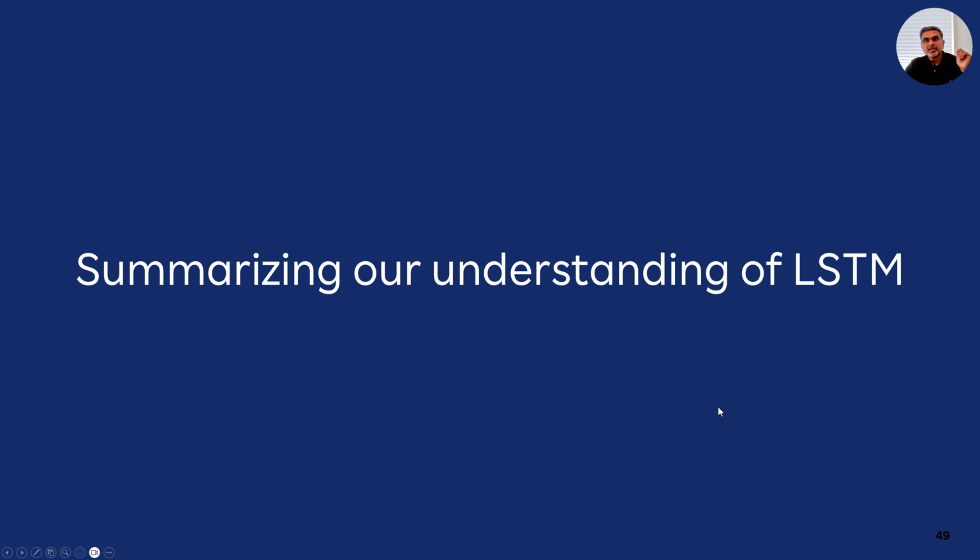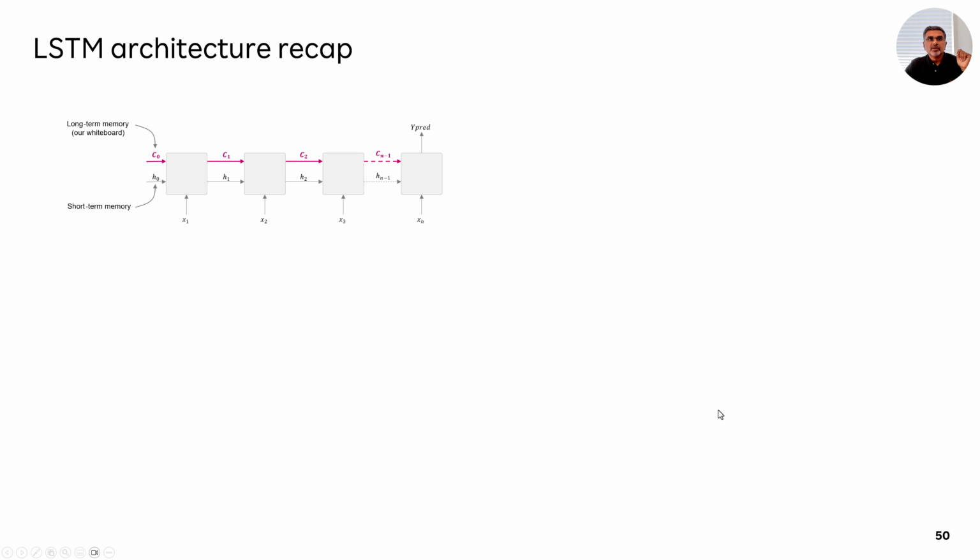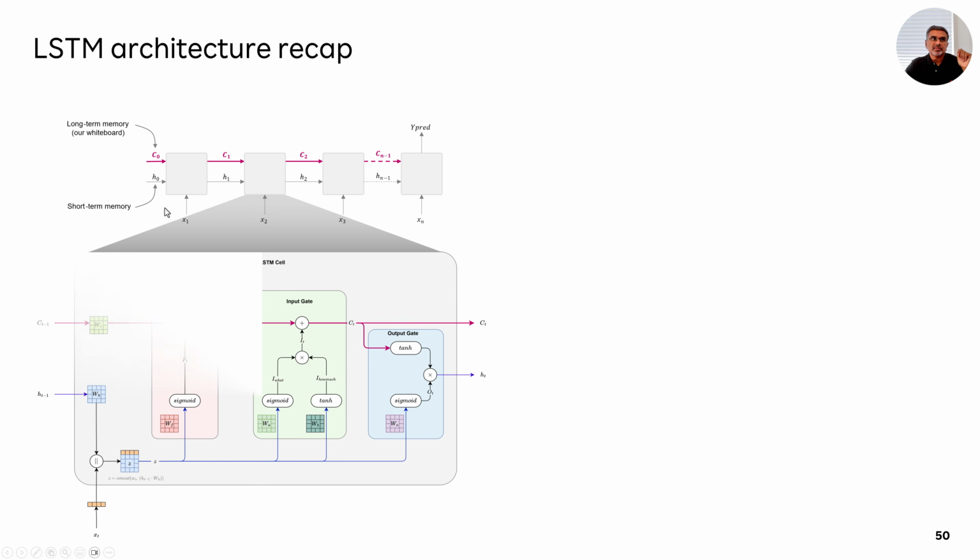So just to summarize our understanding of LSTM, in an LSTM you have the long-term memory and the short-term memory, and you pass these through the LSTM cells through three gates: the forget gate, the input gate, and the output gate.